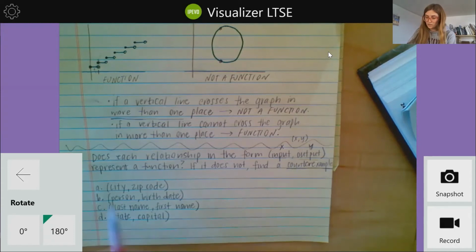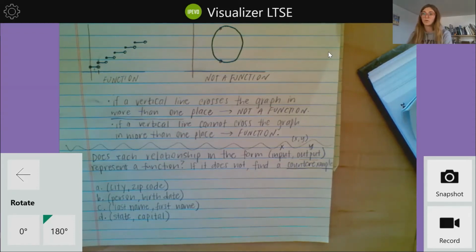Okay, so let's look at the first one, city and zip code. So city will be our input, zip code will be our output. So if that would be a function, then every city would have exactly only one output, only one zip code. So I think around here, for the most part, cities only do have one zip code.